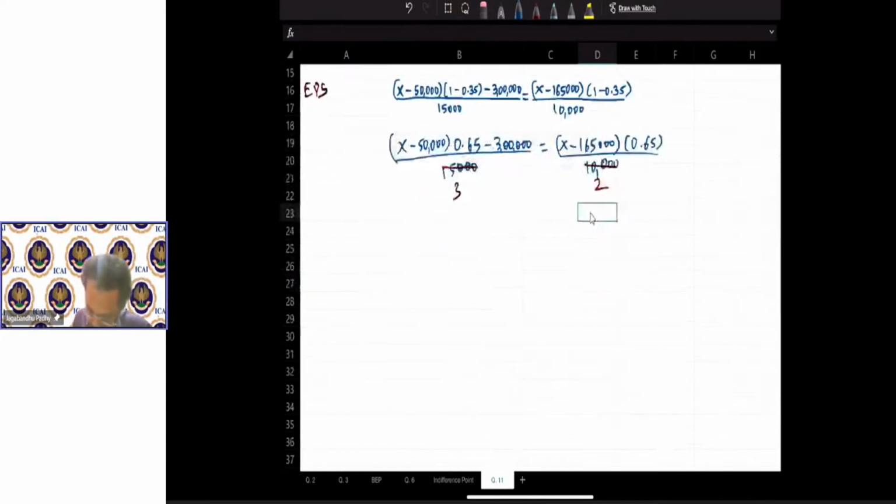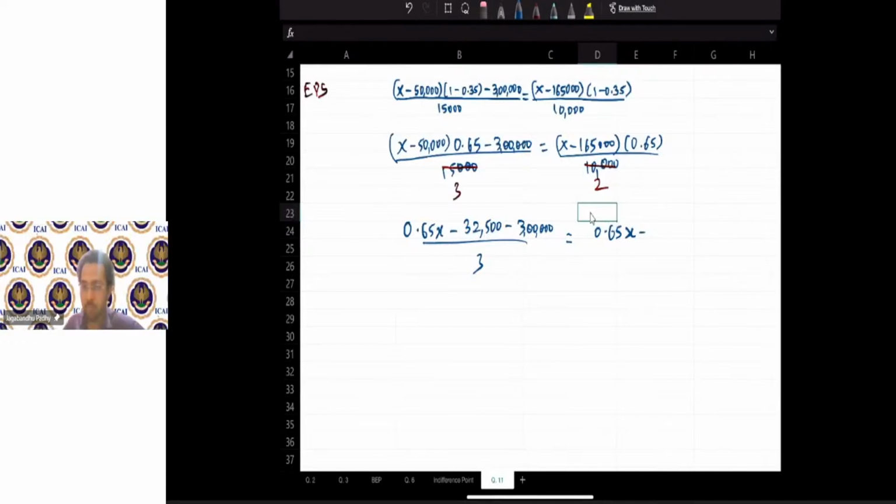So 0.65X minus 50,000 into 0.65, that's basically 30,500, minus 3 lakh, divided by 3, is equal to 0.65X minus 1,65,000 into 0.65, which is 107,250, divided by 2.